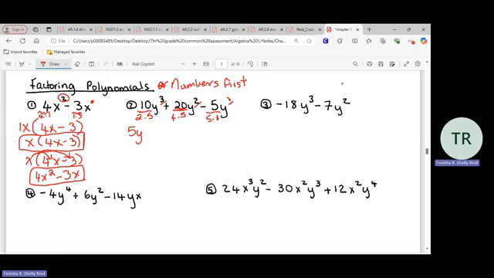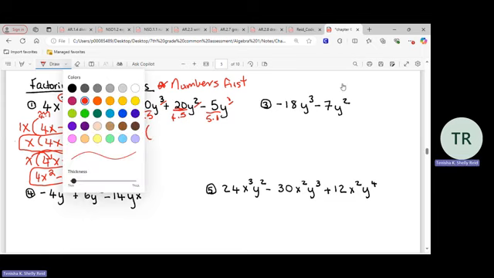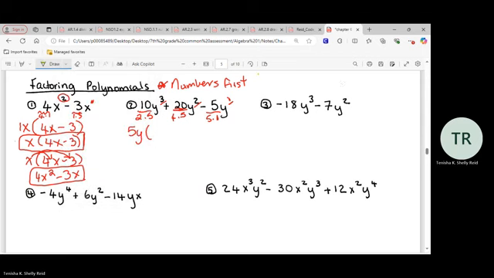Now let's look at the leftovers. If I took the 5 out, 10 divided by 5 is 2. 2 is left over. I have 3 y's, and I took 1 out. So now I have y squared. 3 minus 1 is going to give me 2. Plus sign. Then I have 20 divided by 5.